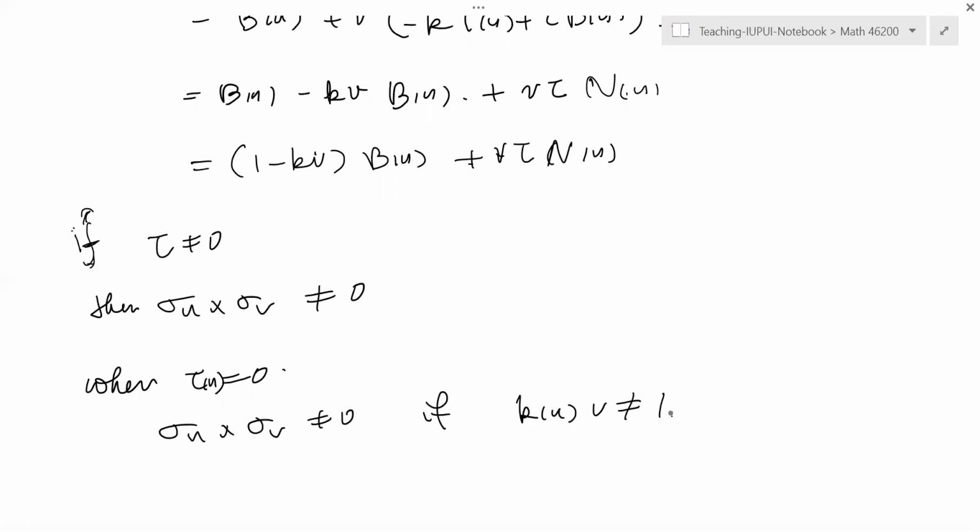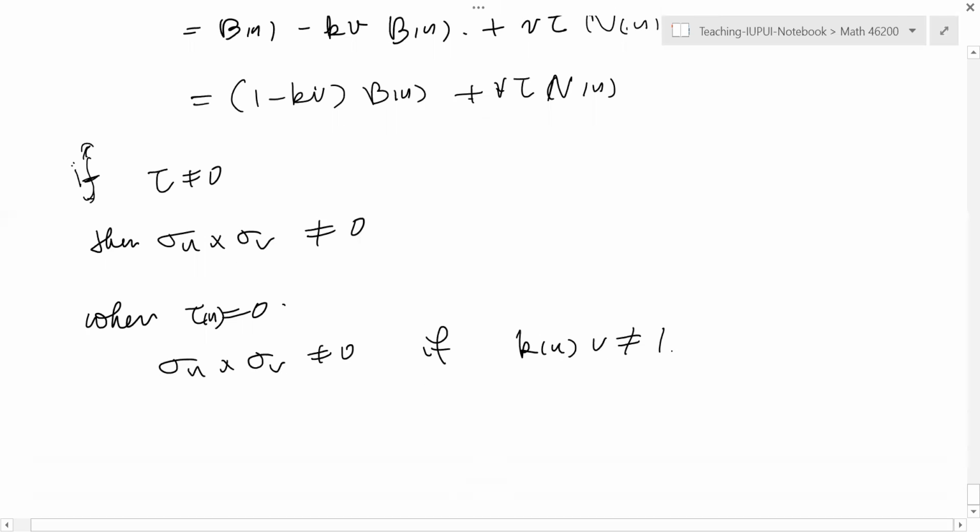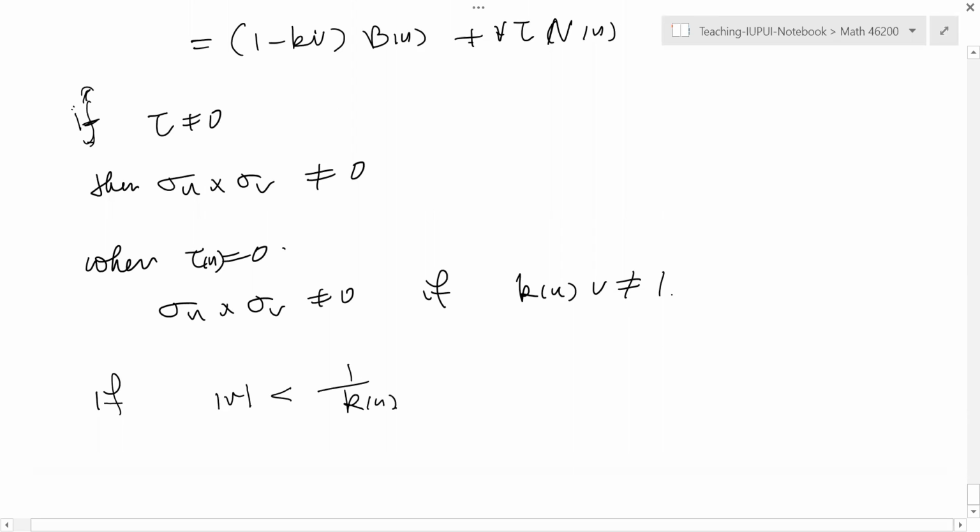It's guaranteed that if v is small, then this is always a regular surface, if v is less than 1 over k.